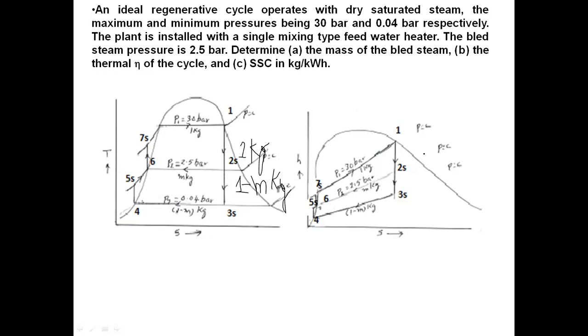Here we have only a single feed water heater, so we require two pumps. One is to pump from condenser pressure to feed water heater pressure, that is from 0.04 bar to 2.5 bar, and another pump is needed to pump from 2.5 bar to 30 bar. So that's why we require two pumps here.